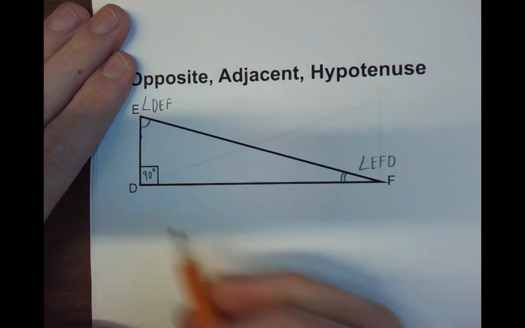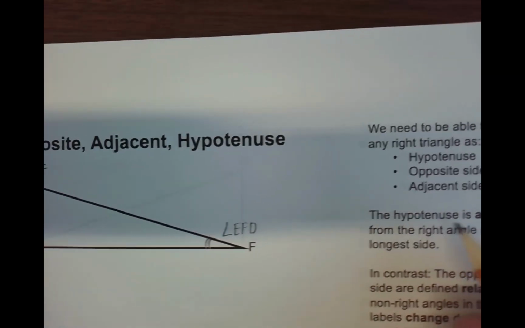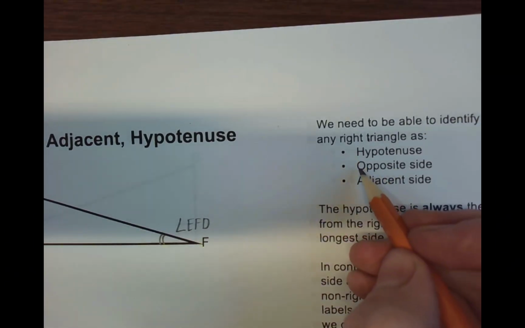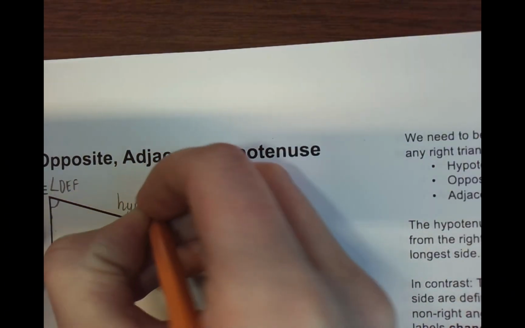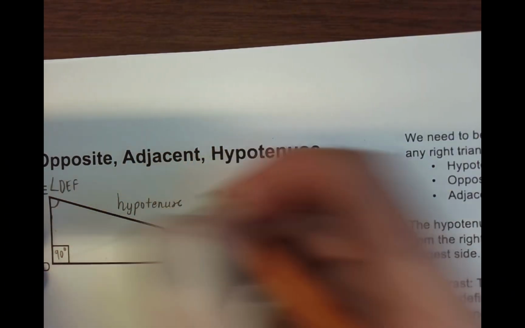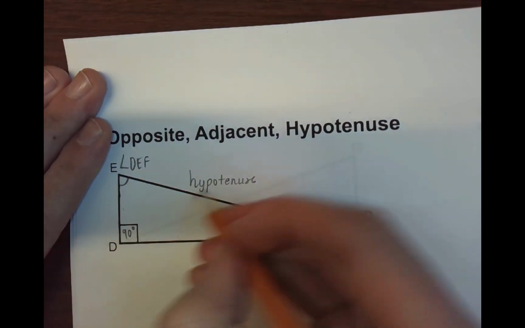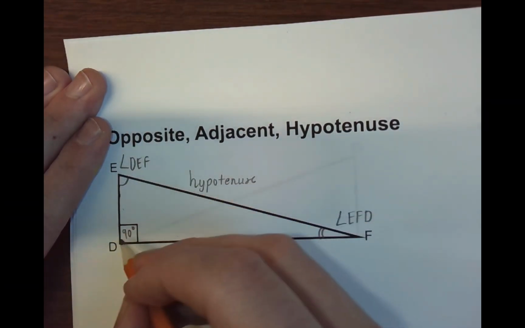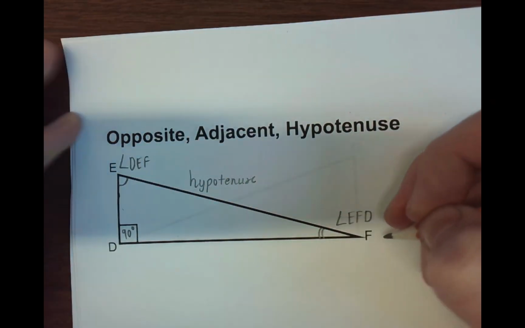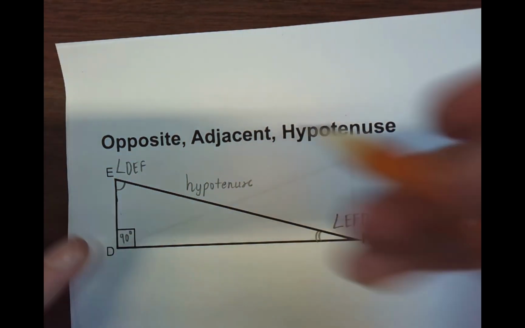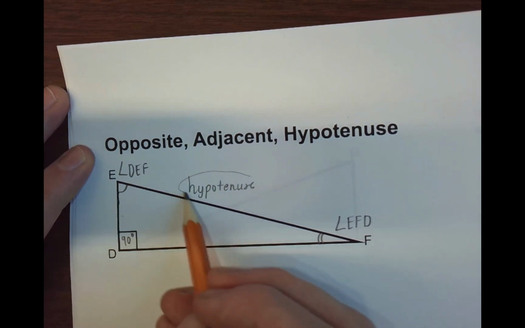And I already know if I'm trying to label hypotenuse, opposite side, adjacent side, well, I know this one has to be the hypotenuse because it's opposite the 90-degree or right angle, and it's also the longest side. And if you've dealt with Pythagorean theorem before, you hopefully know that this is just always the hypotenuse.